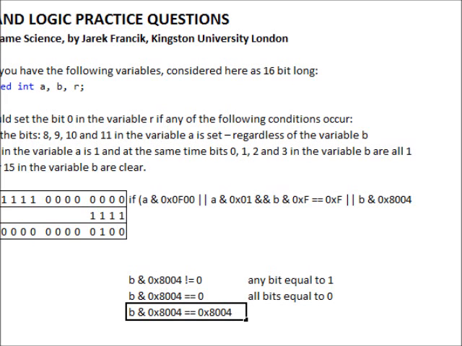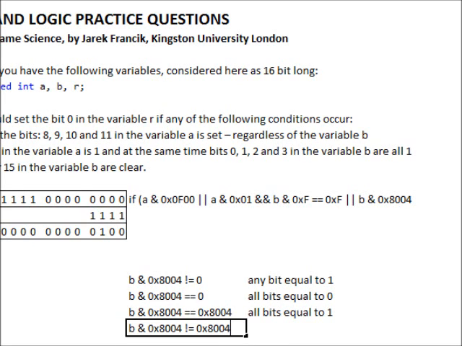This is another useful form that we have already used today. It is true only when all the bits in the bit mask are equal to 1. And this condition is again the negation of the previous condition. It is true if any bit in the bit mask is equal to 0.